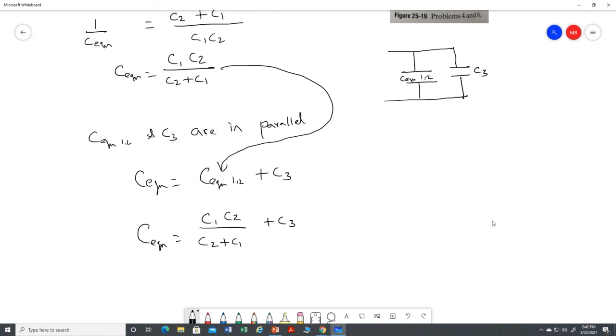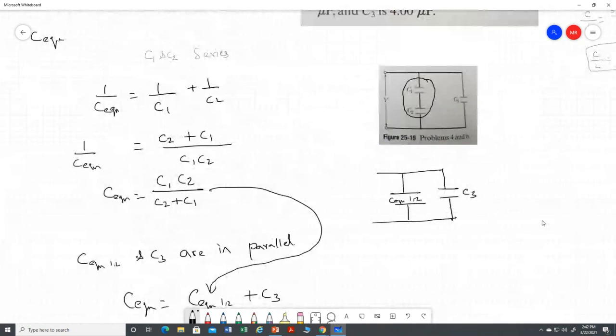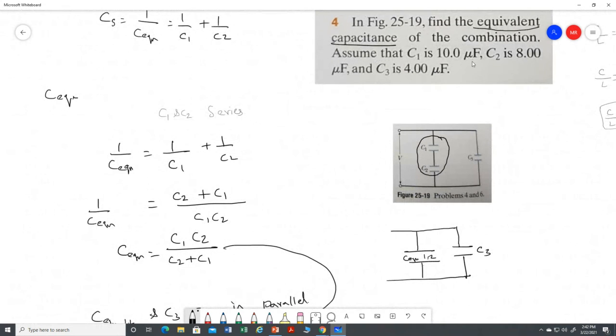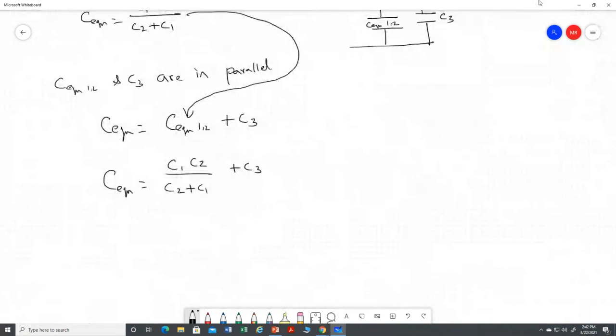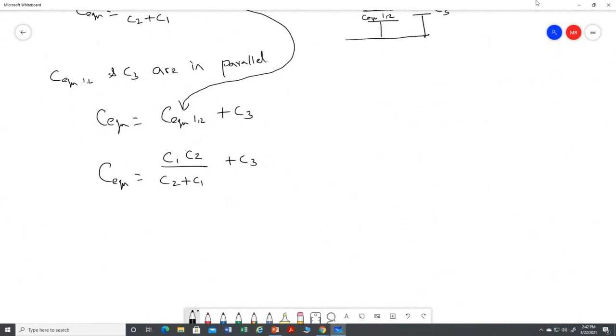Now you can see the value of C1, C2, C3 is given. My C1 is 10 microfarad, my C2 is 8, my C3 is 4. So now you directly substitute the value, get the answer. Substitute the value here.